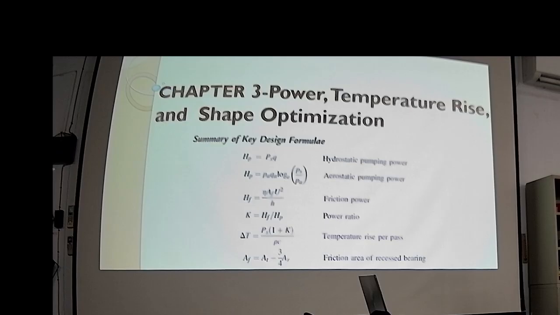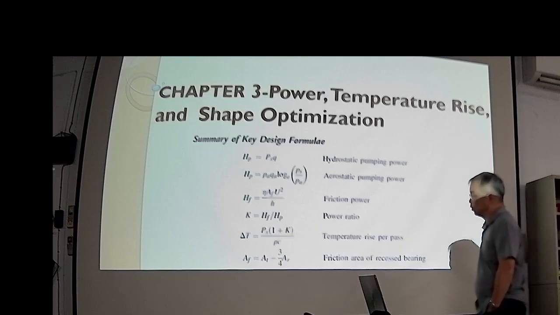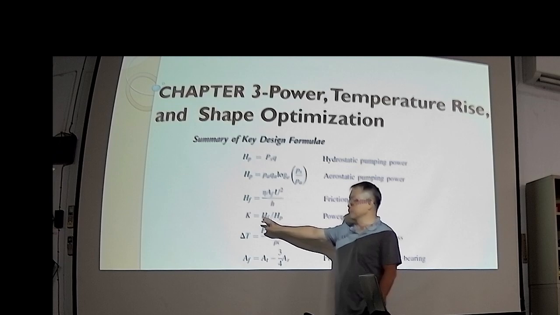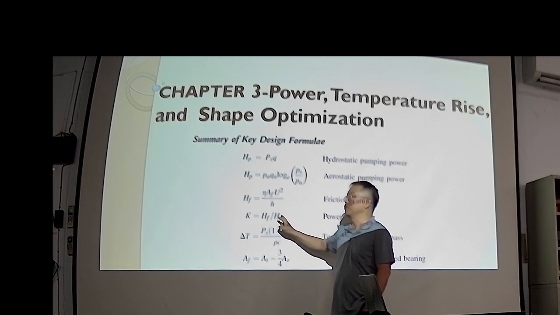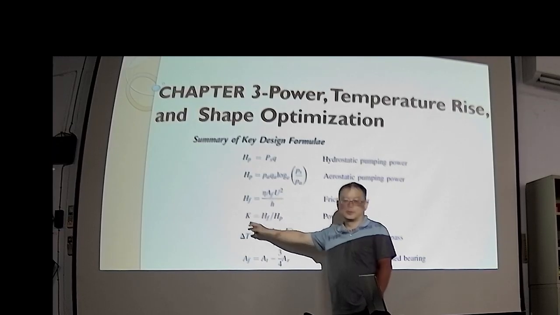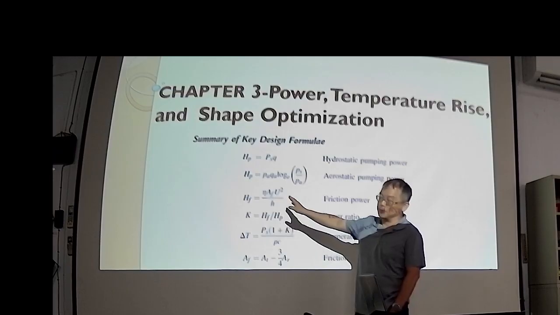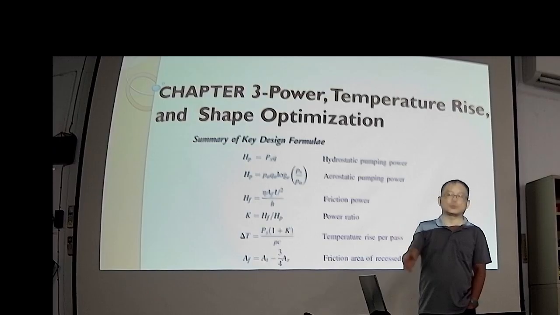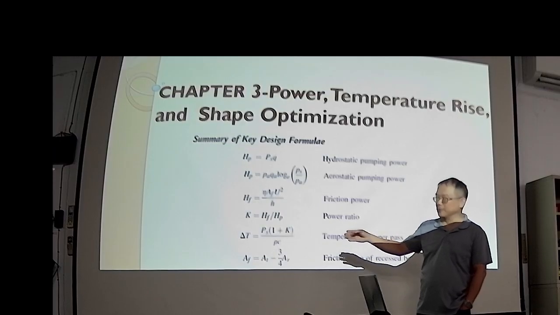And we also define an index called the power ratio, which means it's the friction power divided by pumping power. We're using the K value to classify the bearing into the low speed bearing and high speed bearing.